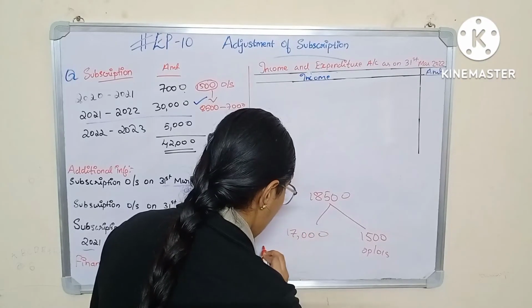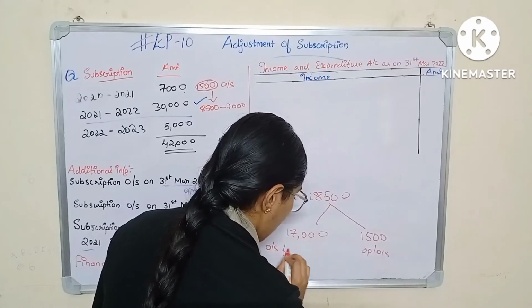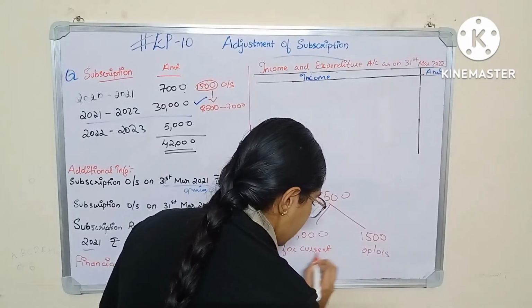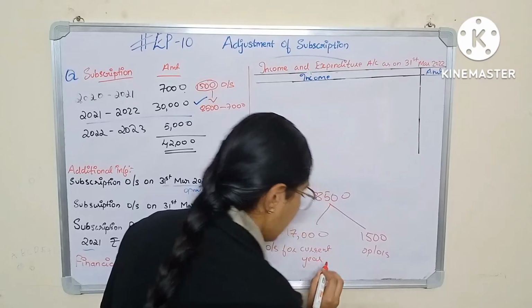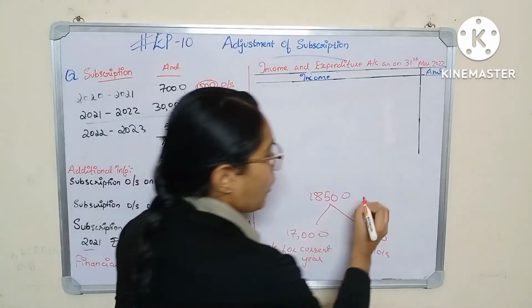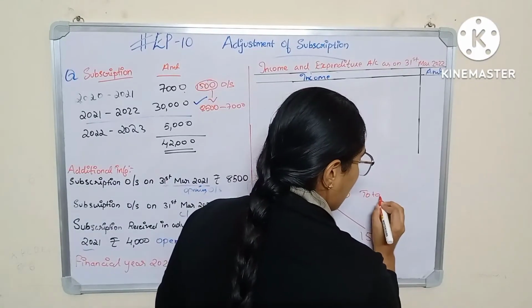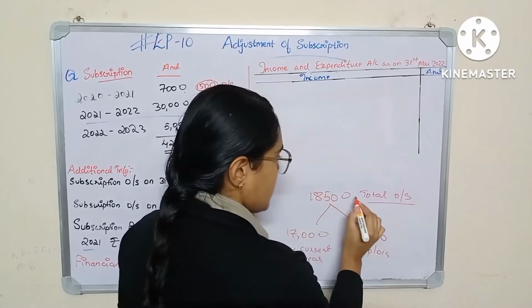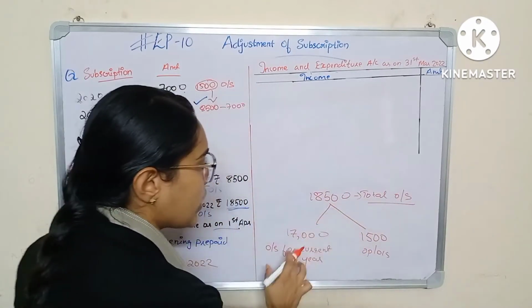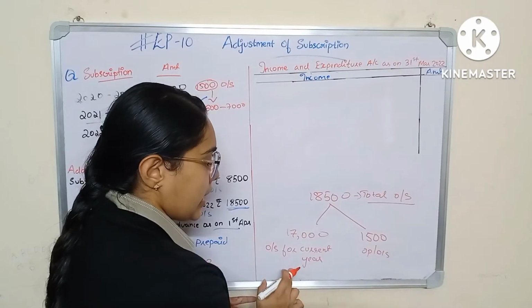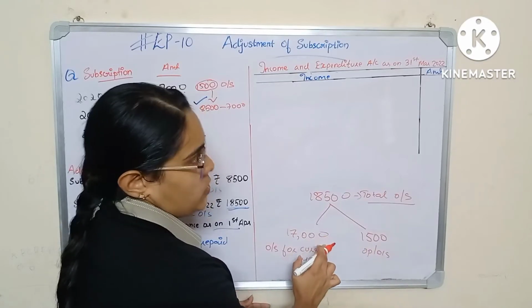So you can split this 18,500, which is your total outstanding, into the opening outstanding of 1,500 and the current year outstanding of 17,000.